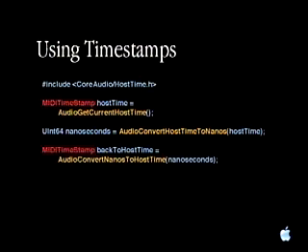It's equivalent to host time, uptime, except that uptime returns a structure containing two 32-bit values that you have to do some shenanigans with to get into a 64-bit integer. So we've chosen to use 64-bit integers because you end up doing a lot of math with these numbers, and it's no fun converting them to structures and back.